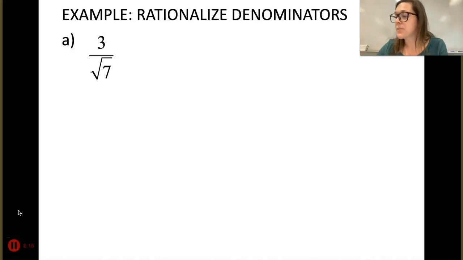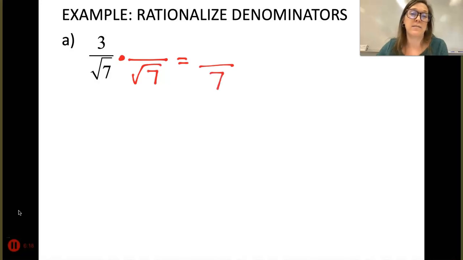So if I have a square root of 7 in my denominator, I need to think about what I can multiply that square root of 7 by to be left with something without a radical. Well, if I multiply a square root of 7 by itself, then I'm just left with 7, right?